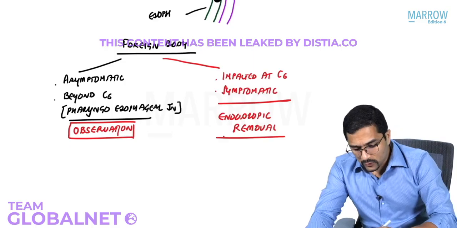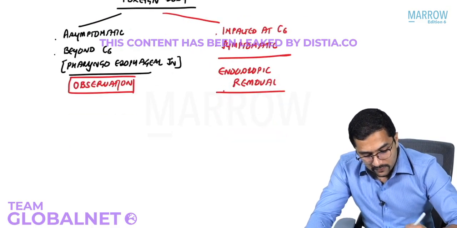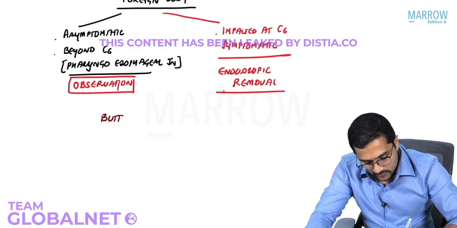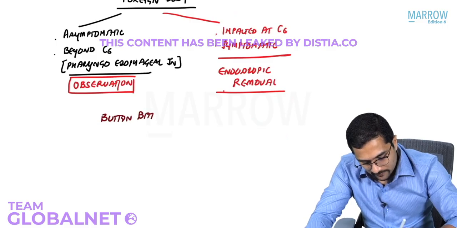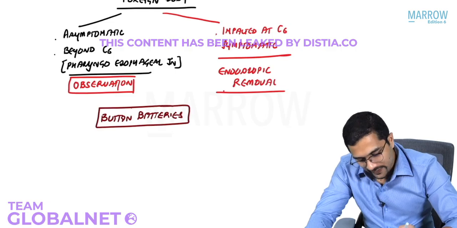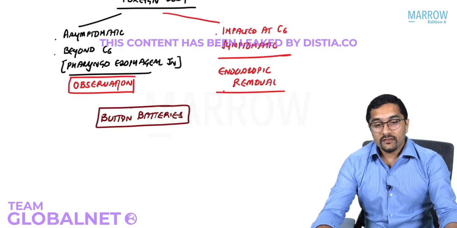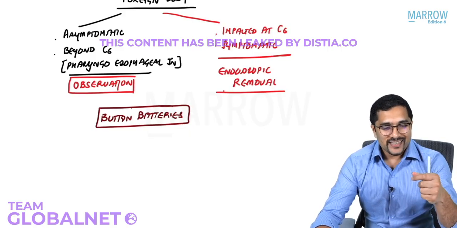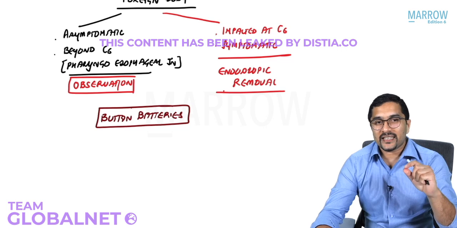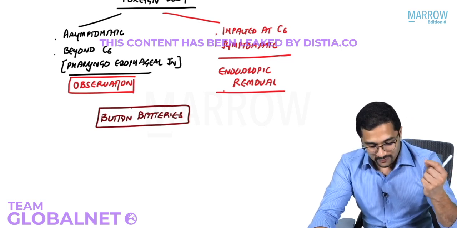Now, one exception to this rule is if the child swallows a button battery. These button batteries are very dangerous. I have a young child at home, so I know how scared I am when they're playing with their toys, which is why most toys now have a screw at that area so that they can't open it and remove those button batteries.